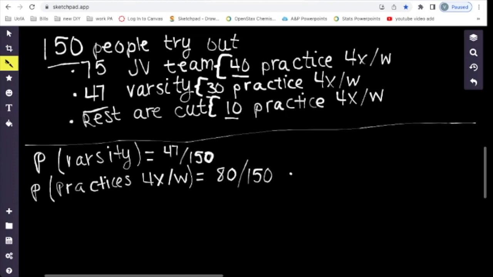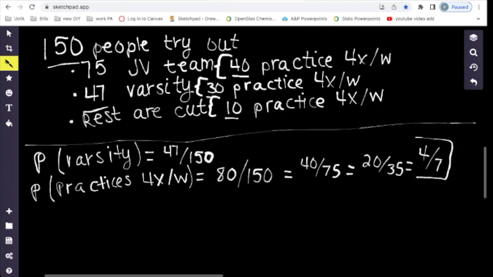But we can reduce this to 40 over 75 if we divide by 2, and then we can reduce it to 20 over 35, and then if we divide again by 5, to 4 over 7. So if we select a person at random, there is a 4 out of 7 probability that that person will practice 4 times per week, if we are reducing the fraction.